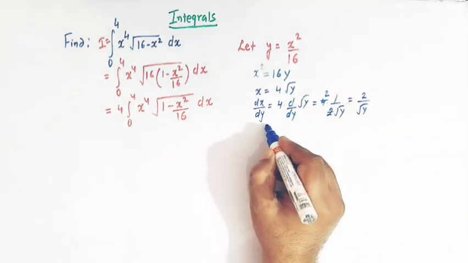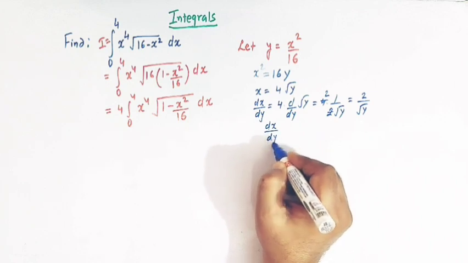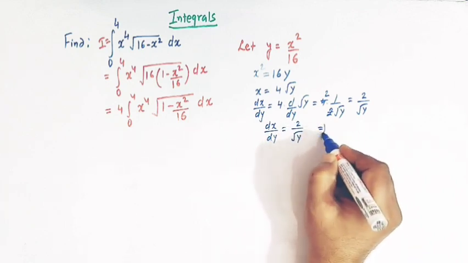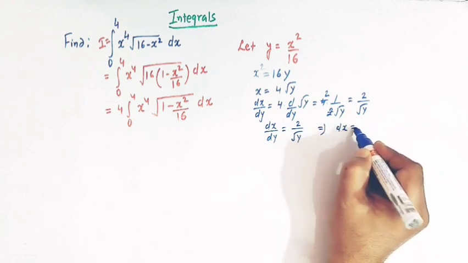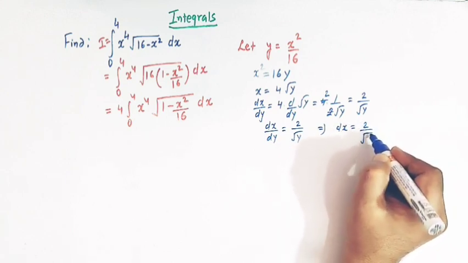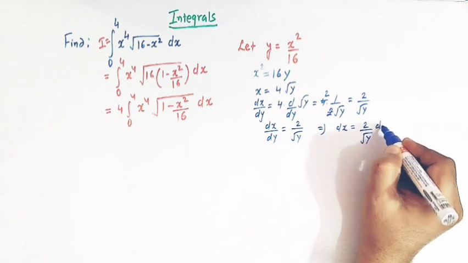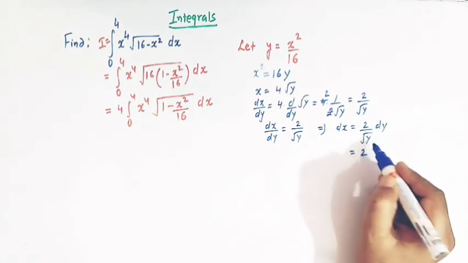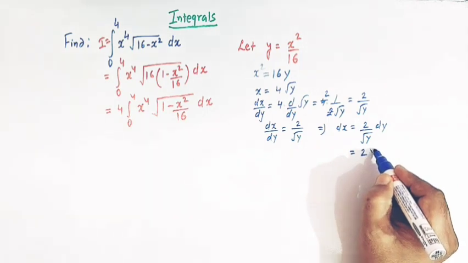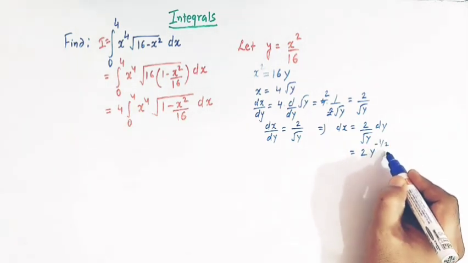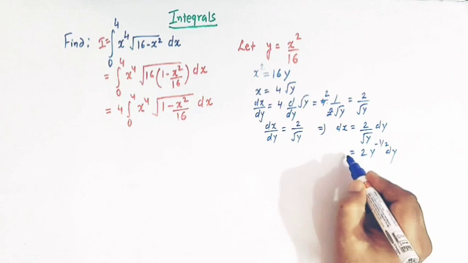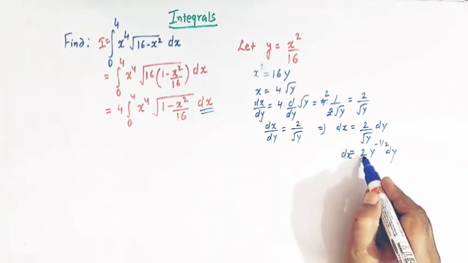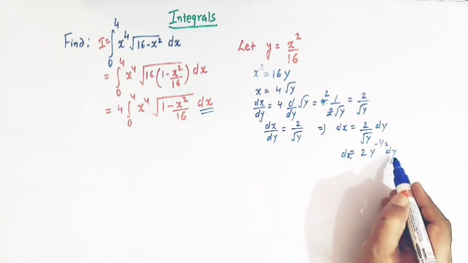So dx over dy is equal to 2 over square root of y, and we can write dx is equal to 2 over square root of y dy, or in other words, 2 times y raised to minus half dy.